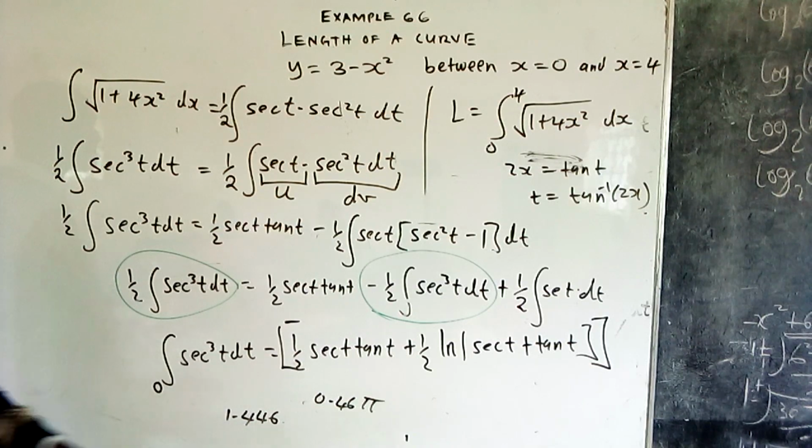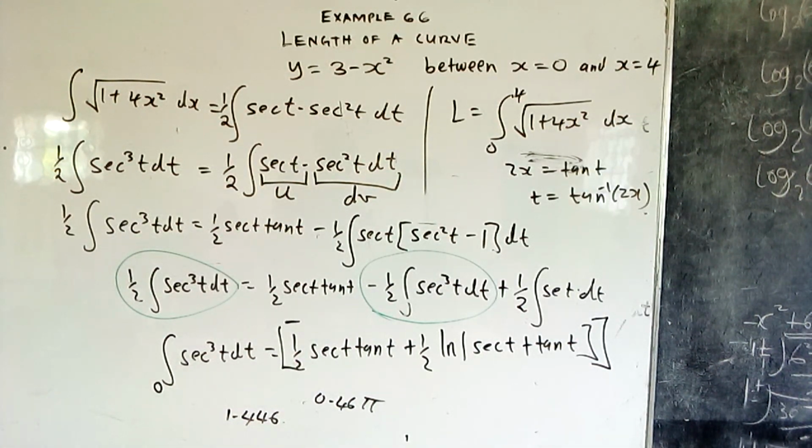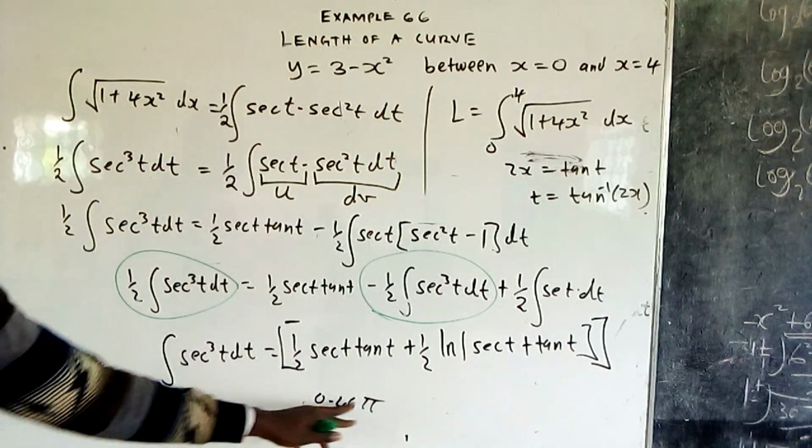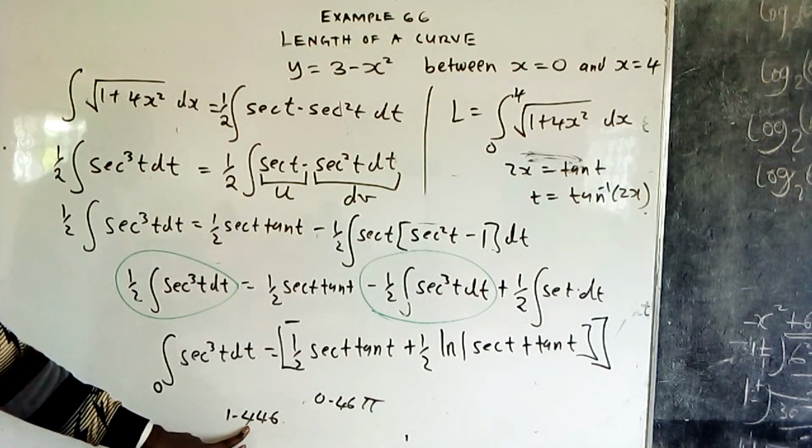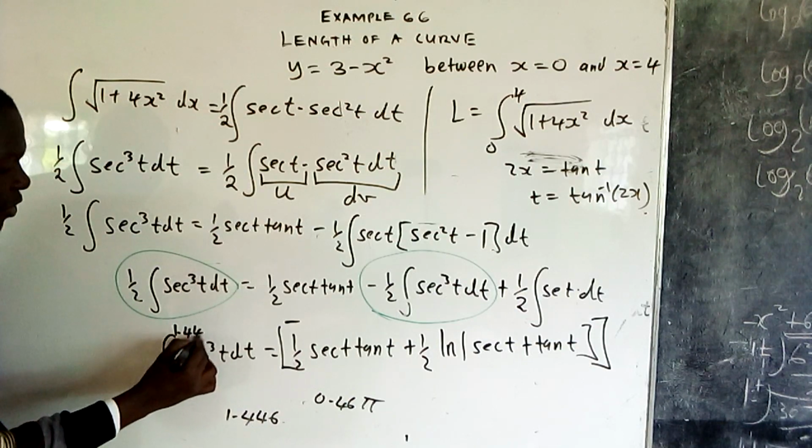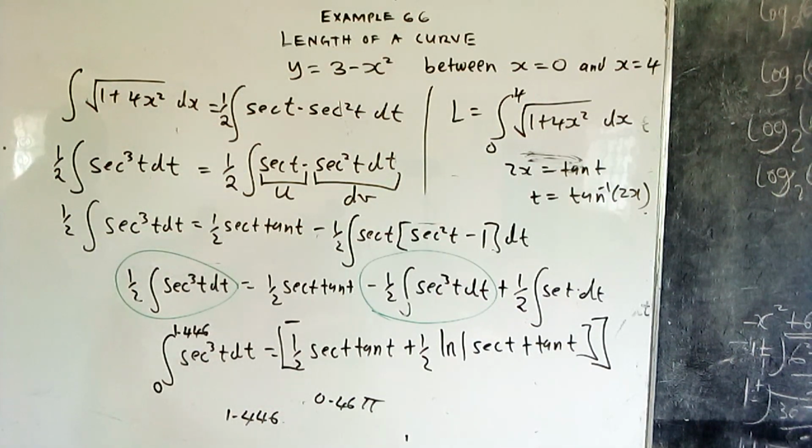So you see you are getting the same answer. So you stick to that pi radian until the end. You don't change it back to degrees, okay? So 0.46 pi is the same answer you found, which is the upper limit, 1.446, in pi radians.